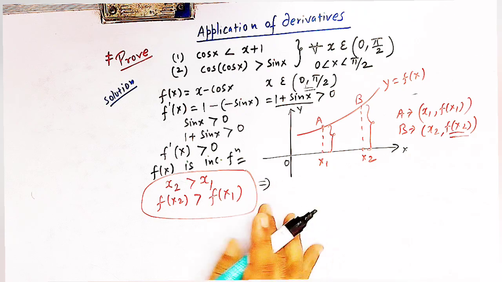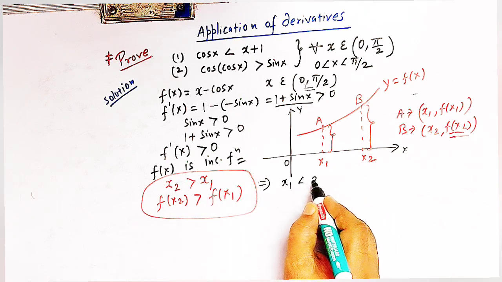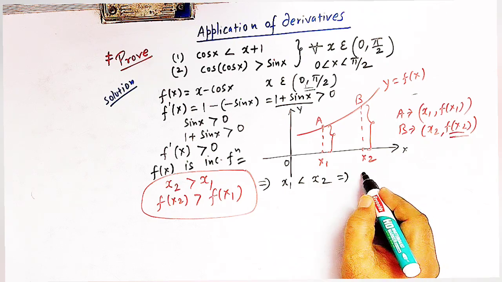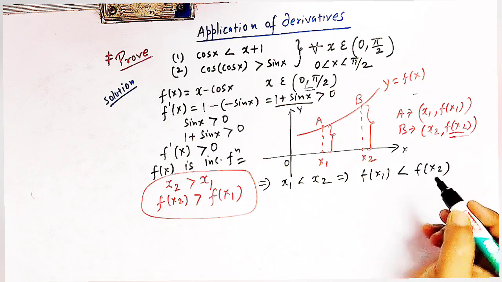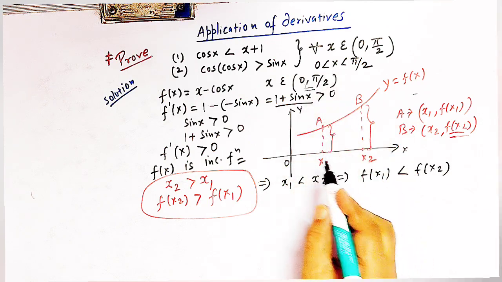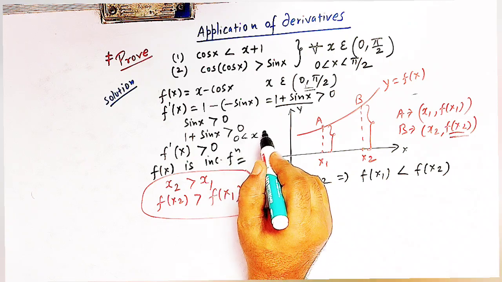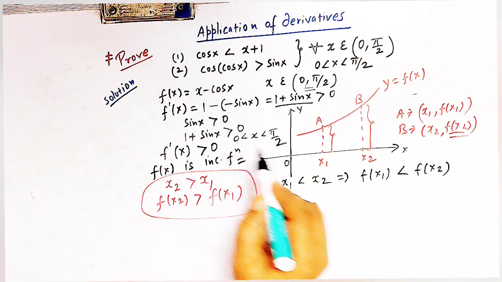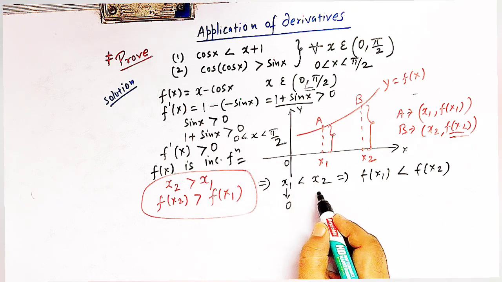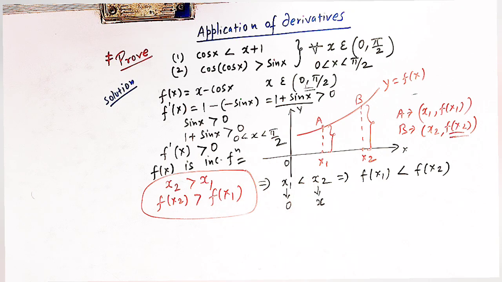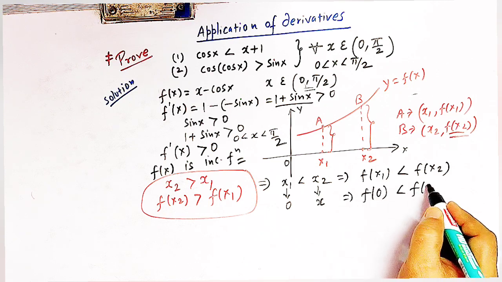So we can write this as x1 is less than x2 implies f of x1 is less than f of x2. And here we have the inequality x greater than 0 and less than pi by 2. So let us take x1 as 0 and x2 as x. So we have f of 0 is less than f of x.